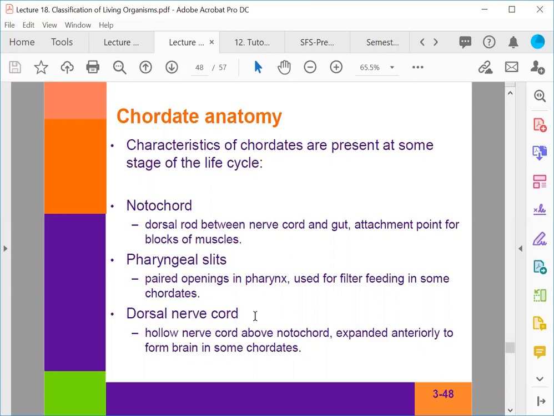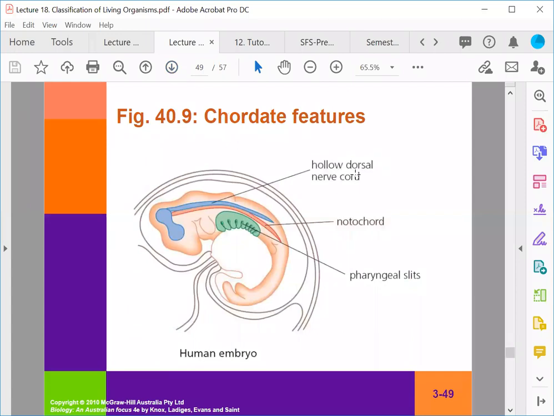All right, the third important characteristic is the presence of a dorsal nerve cord. So this is a hollow nerve cord that's situated above that notochord, and it expands at one end to form a brain in some chordates. All right, and those three features are pictured here. So we're looking at a human embryo.